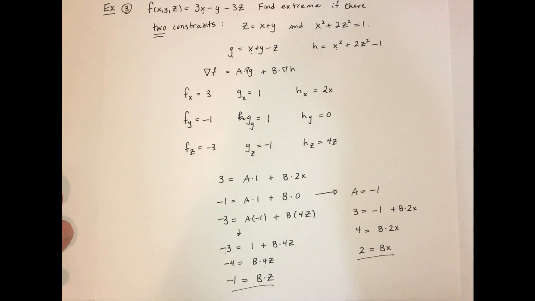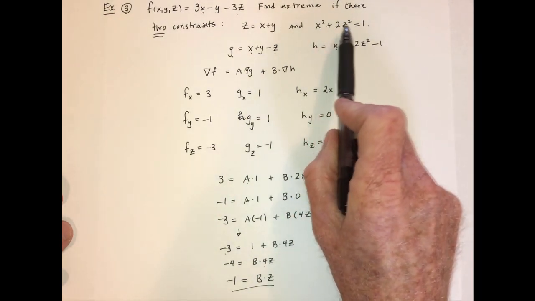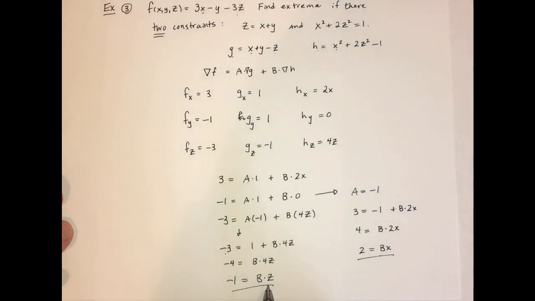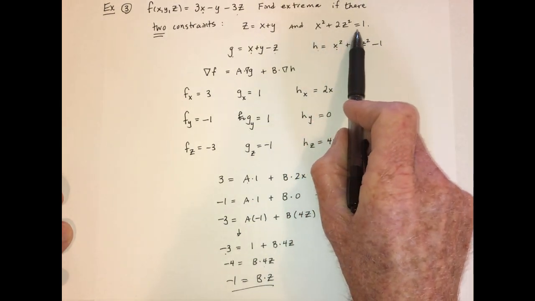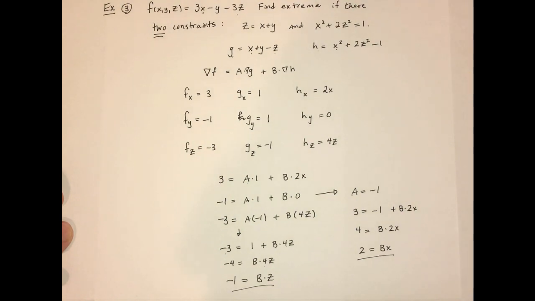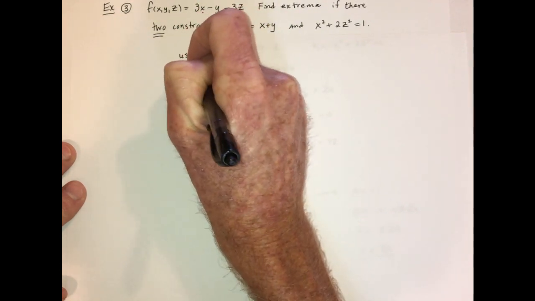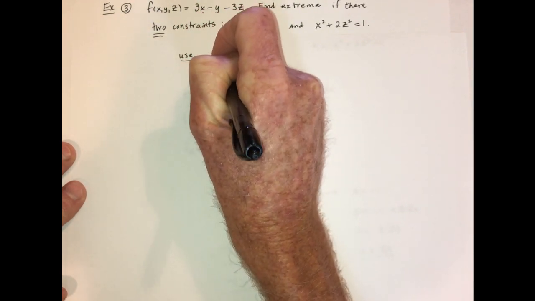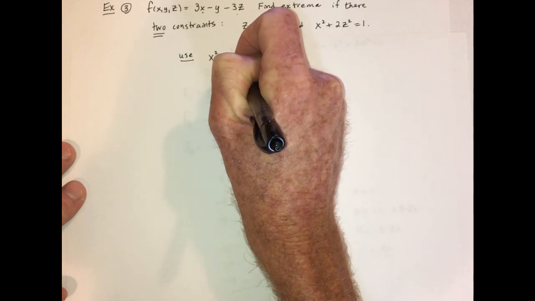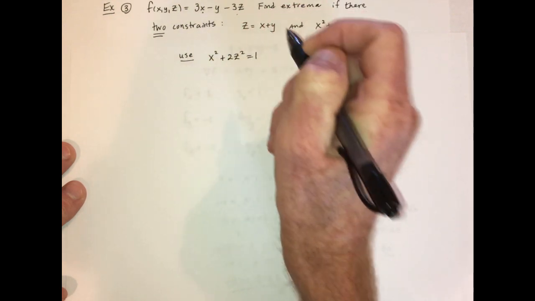So I think what I'm going to do is this one has x and z in it. So what I could do is solve for z. So that's just going to be negative 1 over b. Solve for x, 2 over b, and substitute those into this equation. So for the next page, I'm going to be using x squared plus 2z squared equals 1.